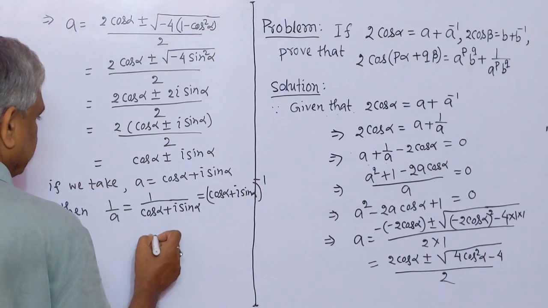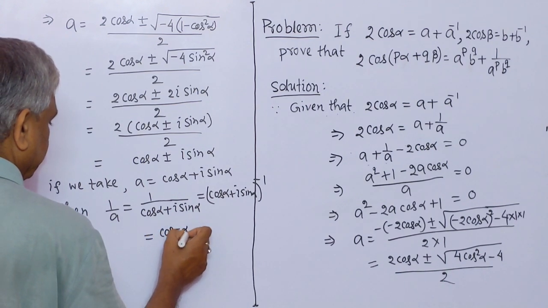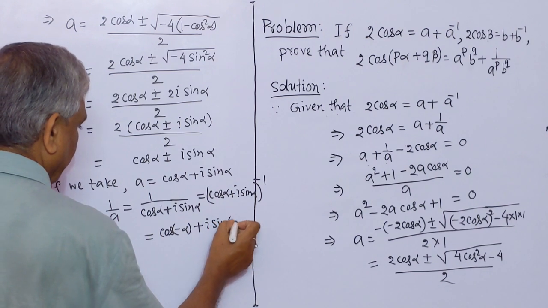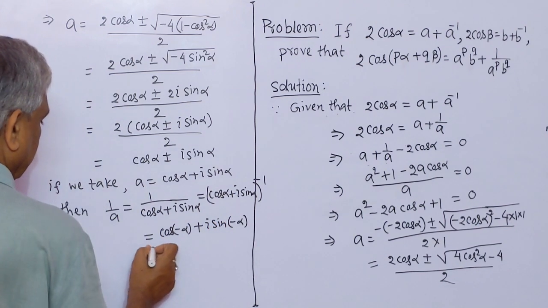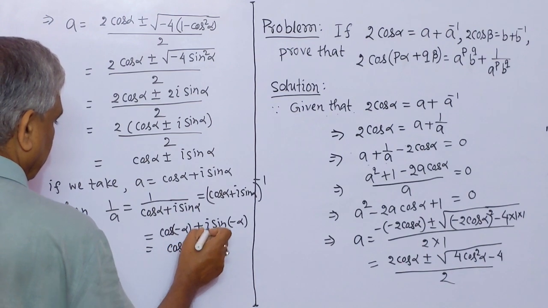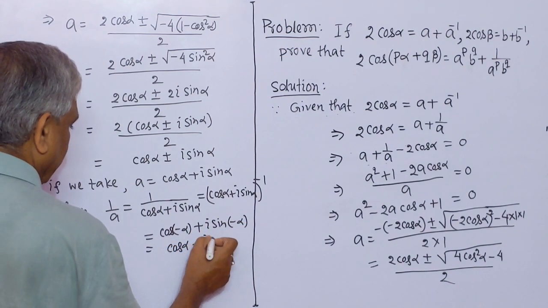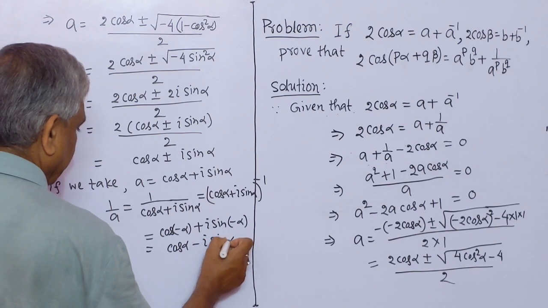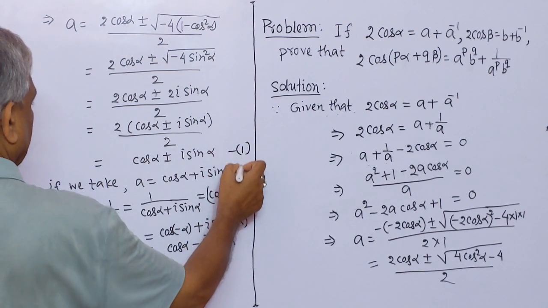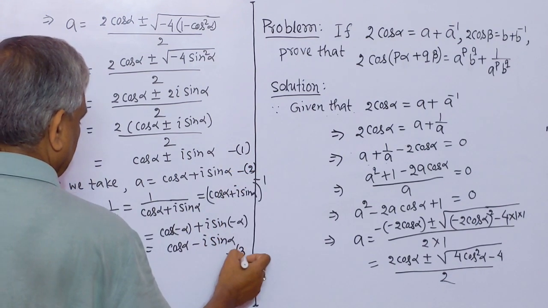By De Moivre's theorem, this equals cos minus alpha plus i sin minus alpha. Cos minus alpha is cos alpha and sin minus alpha is minus sin alpha, so it is cos alpha minus i sin alpha. Let these be 1, 2, 3.